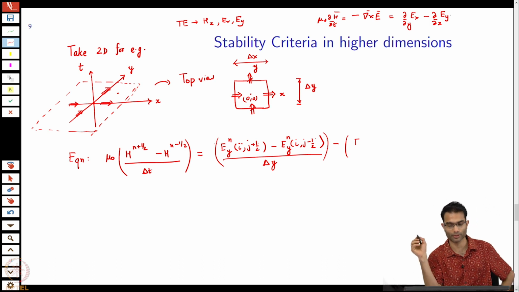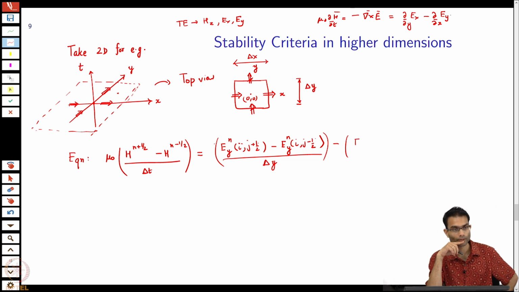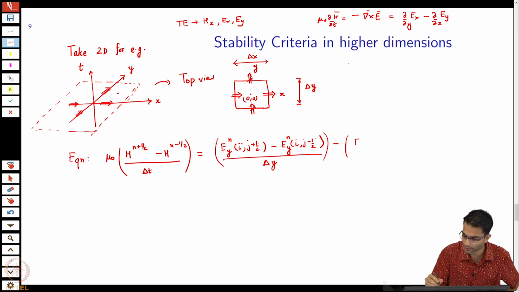This is the expression that we want. Yeah, so okay, the grid is, let me use a different color. The grid is this. This is still the grid I am considering.